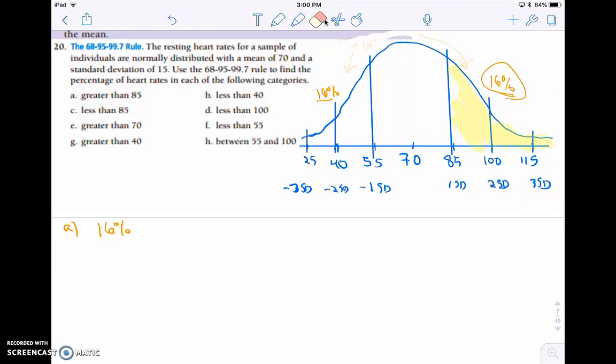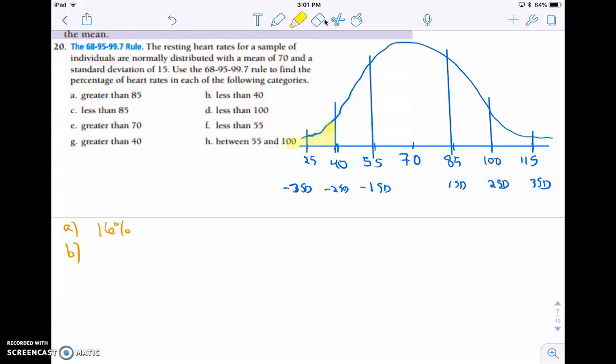So now I'm going to try and erase without erasing my blue stuff here, and look at part B. Part B says less than 40. So anything less than 40, so here's 40, and everything below that, as far down as you can go. Well, 0, because people don't go in the negative heart rate. 0 heart rate is you're not living, but that's as far down as it's going to go.